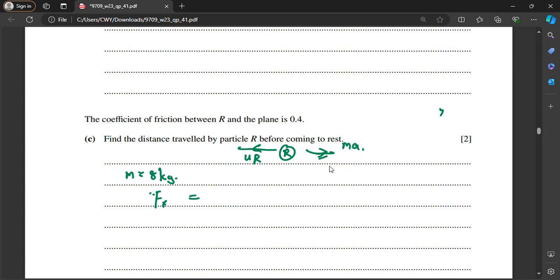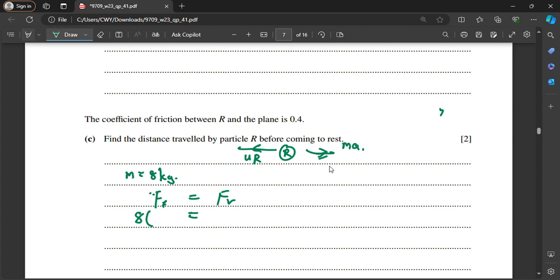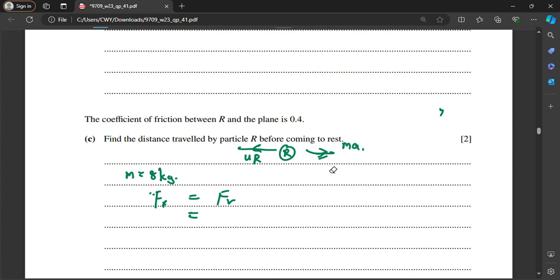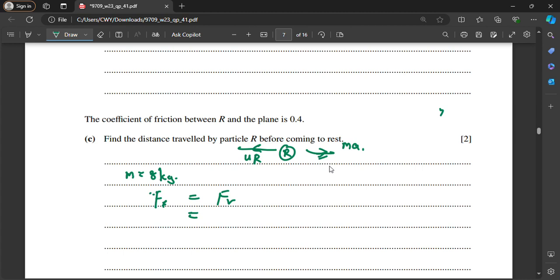Friction is equal to the resultant force. So 8 multiplied by 10 times 0.4 is equal to 8 times a. So your a is equal to 4.0 meters per second squared.